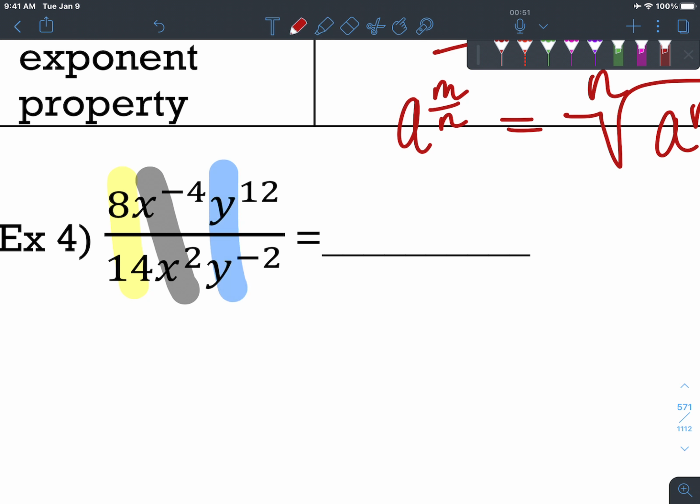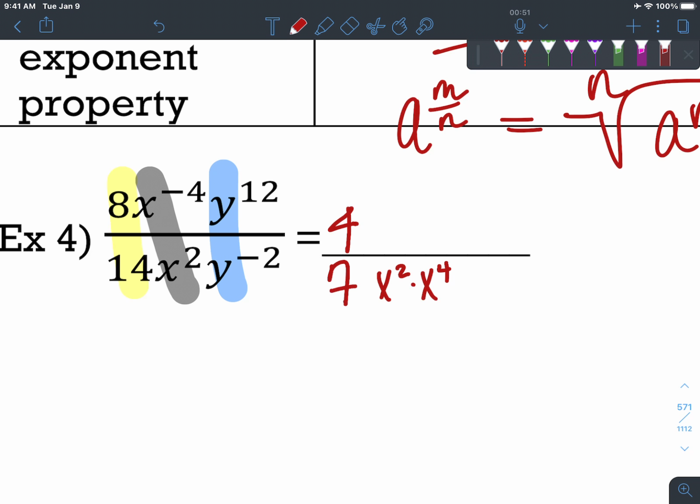Okay. For this particular problem, I see 8 over 14, so I can reduce that to 4 over 7. I see x to the power of -4, x to the power of 2. Now I could go ahead and subtract these, or I could move my negative. So I'll move my negative for this one, make it positive.